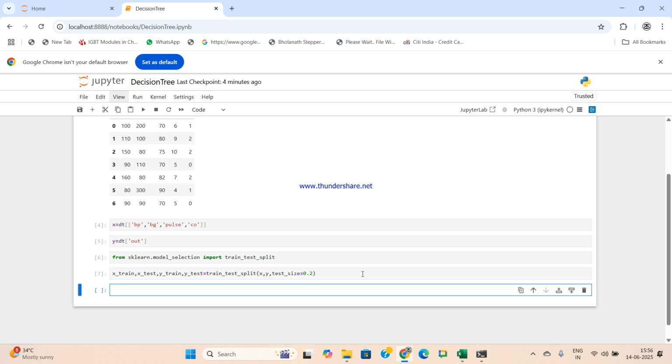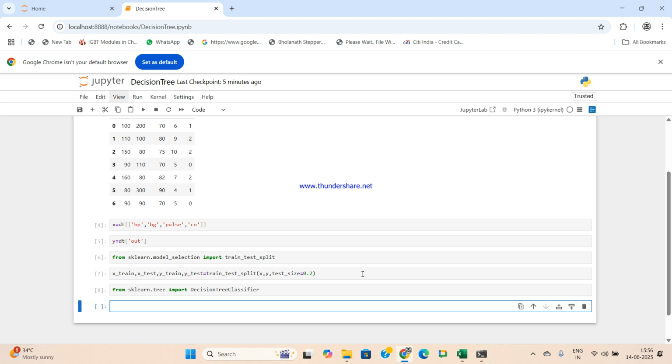Now we have to call the decision tree. From sklearn.tree we have to import DecisionTreeClassifier.